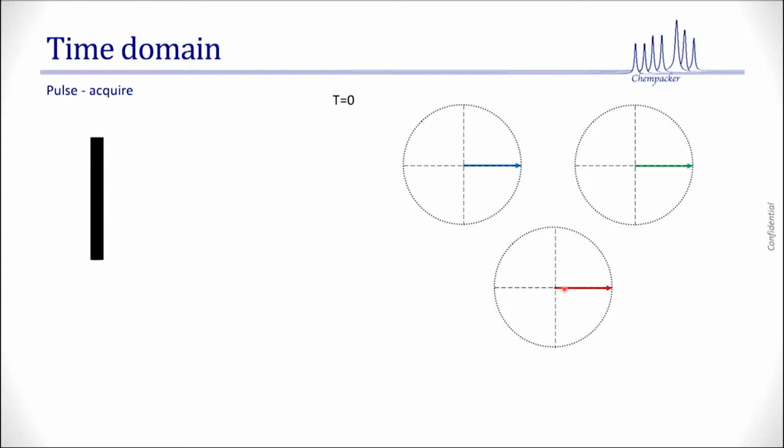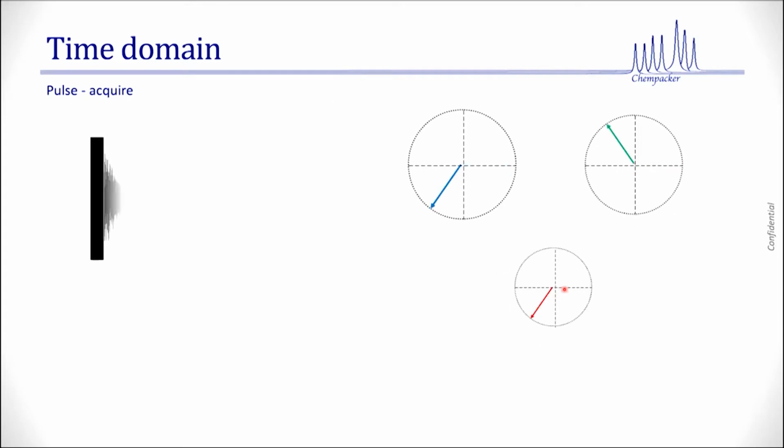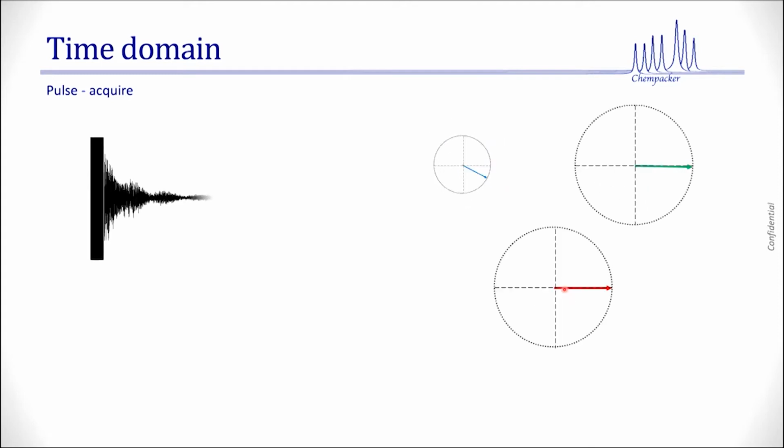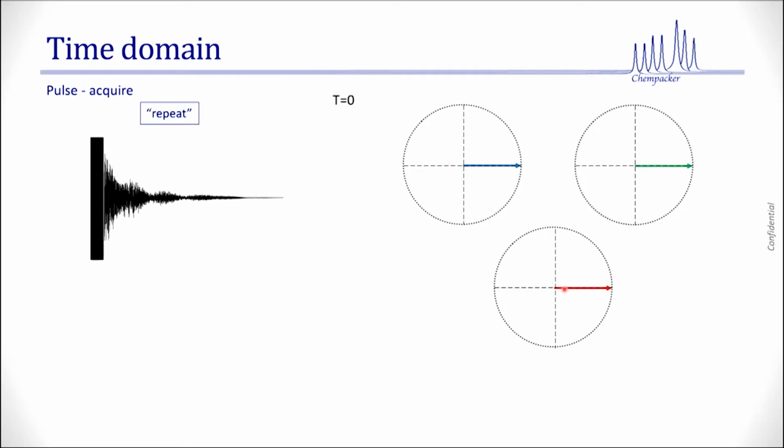They are pointing in the same direction. The amplitude is the magnetization at that point. But if you collect the data, they all decay. They decay and precess at different rates depending upon their frequency and decay rate. So now you have this FID.